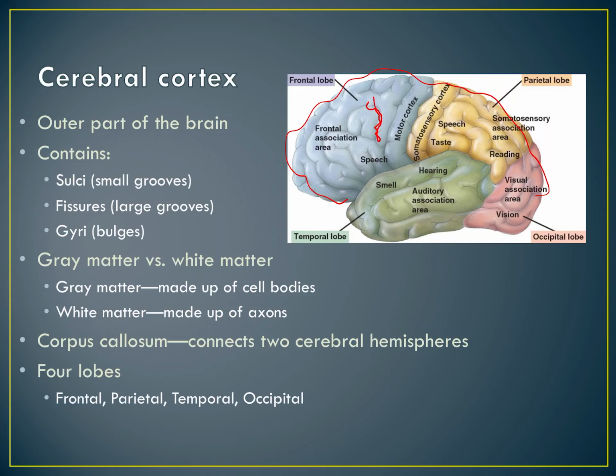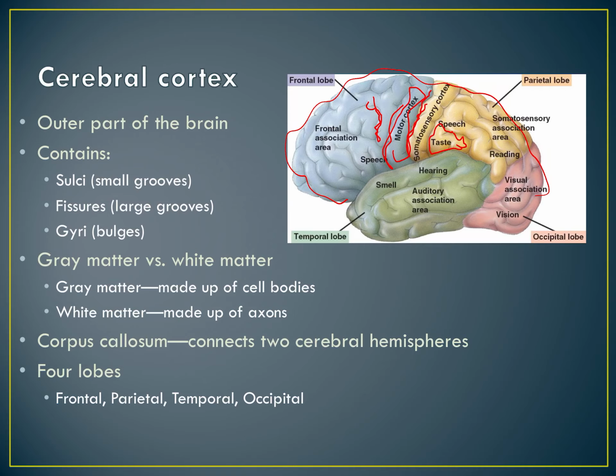This is a sulcus here, and then sulci, which is the plural version of that. Fissures are the really large grooves, so these right here. These are much easier to locate on a brain, and you can actually use them to help you navigate where you are. So there's a fissure, and then these gyri are these bulges. So these sections here, those are gyri, or a gyrus being a singular one.